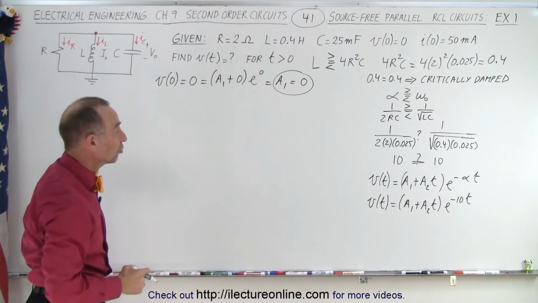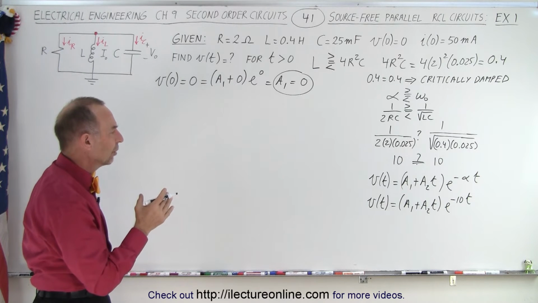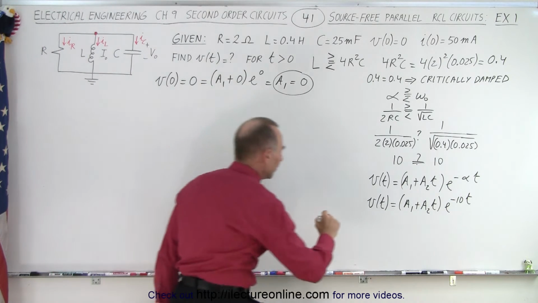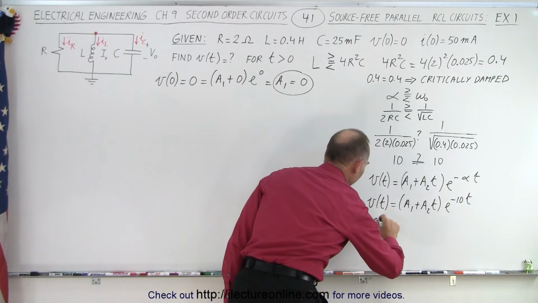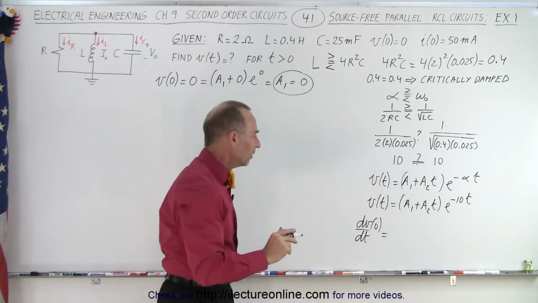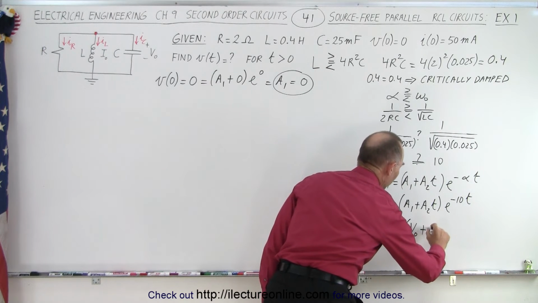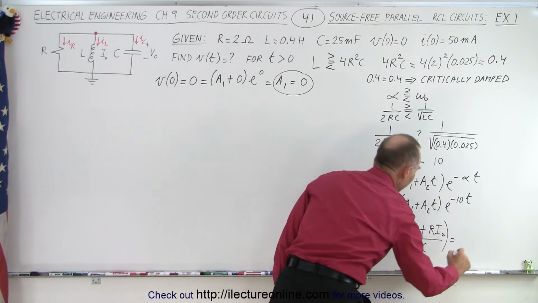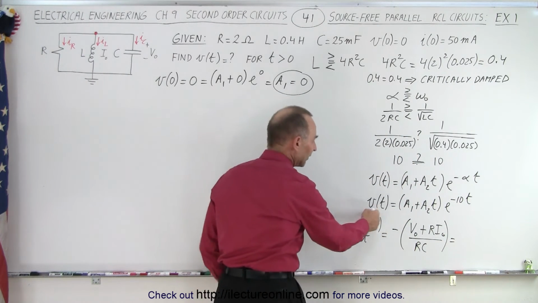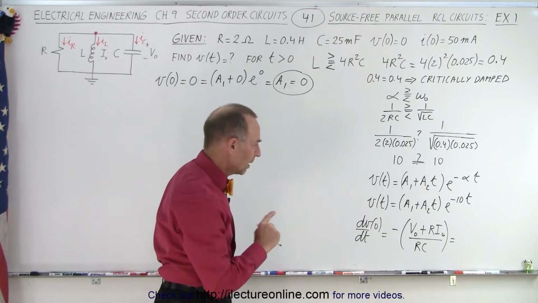All right, let's now check out A2. How do we do that? We can figure out the derivative of the voltage, dV/dt at time 0, which is equal to minus the initial voltage plus R times the initial current, divided by RC. Then we can take the derivative of the equation and set those equal to each other to figure out A2.